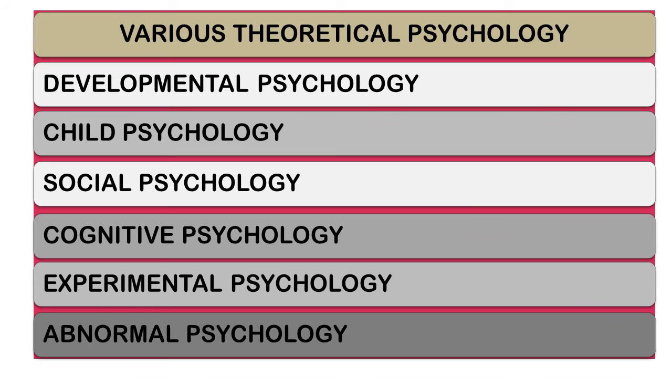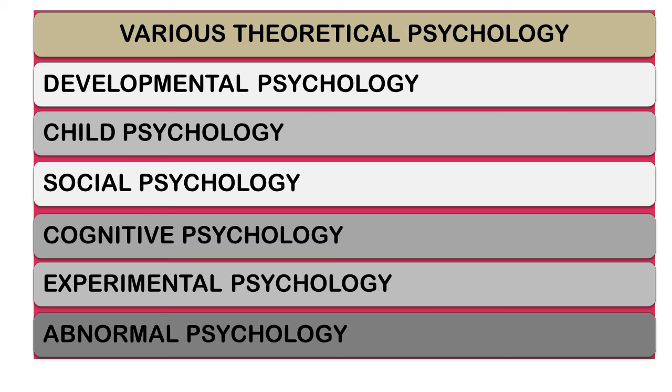Cognitive psychology is the scientific study of mental processes like attention, language, memory, etc. Experimental psychology. Experimental psychology is the scientific and empirical approach to the study of the mind. It is concerned with testing theories of human thoughts, feeling and action.